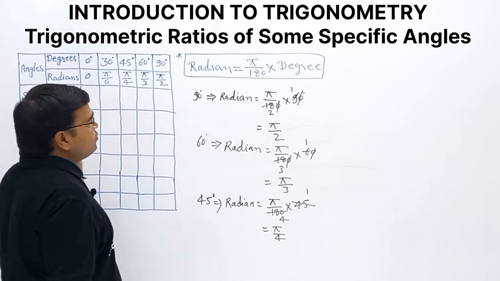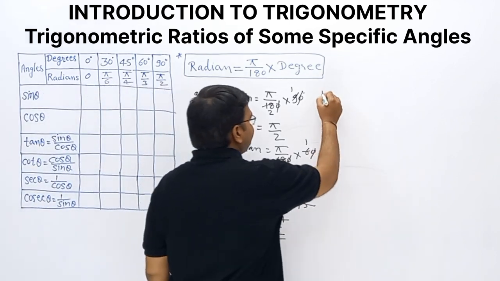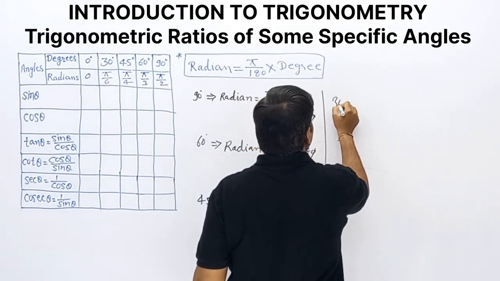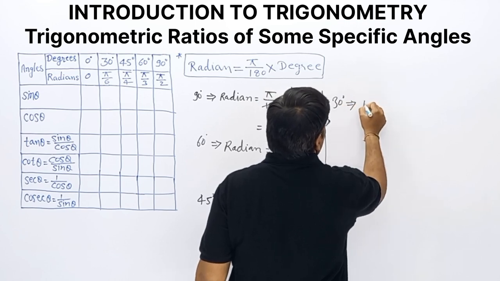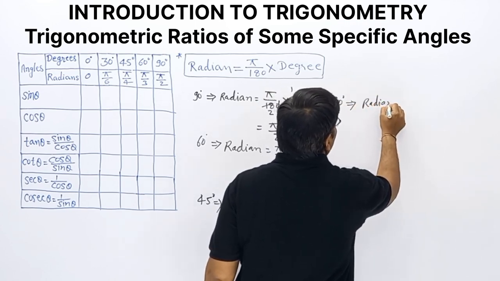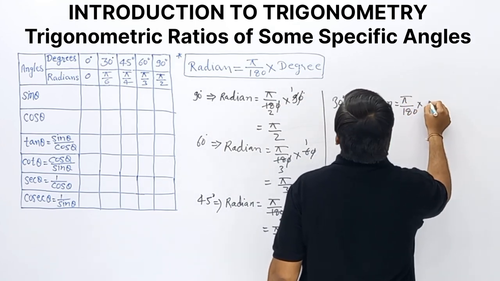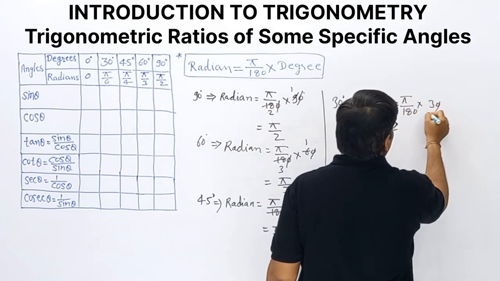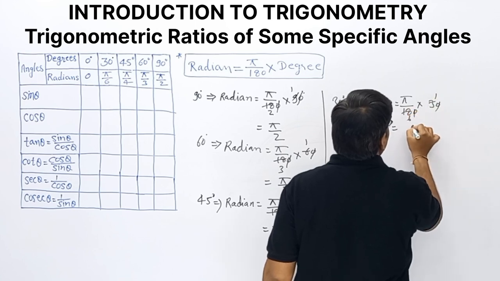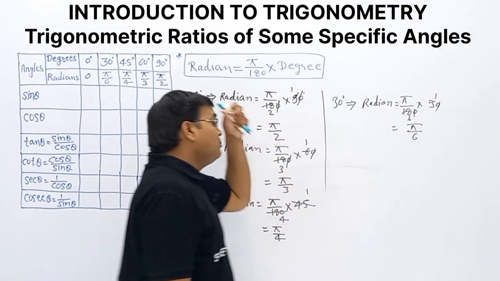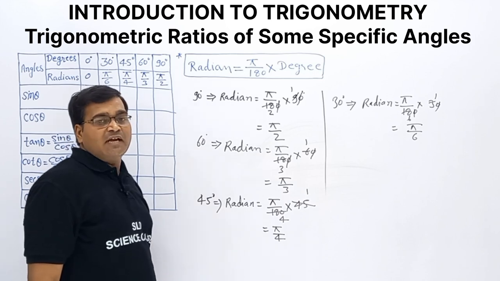Now for 30 degree, what will be the radian value? Radian equals pi upon 180 into 30. Once we solve, 6 times it goes, pi upon 6. Pi upon 6 is the radian value of 30 degree.